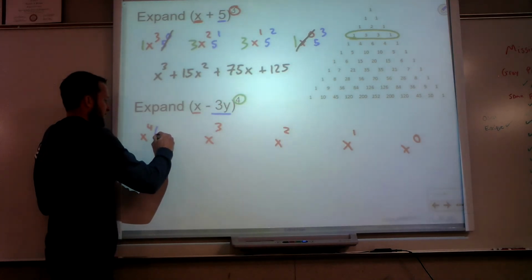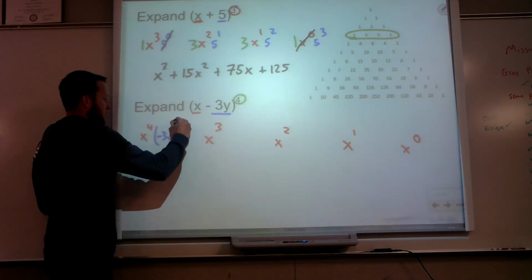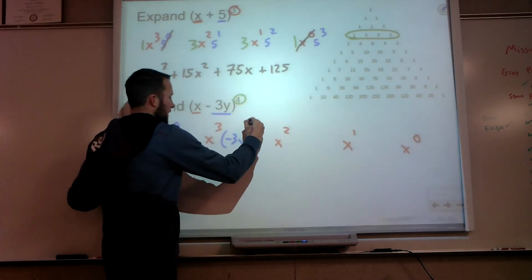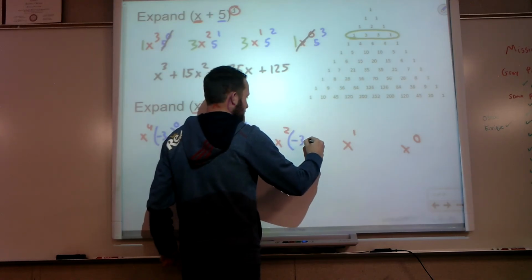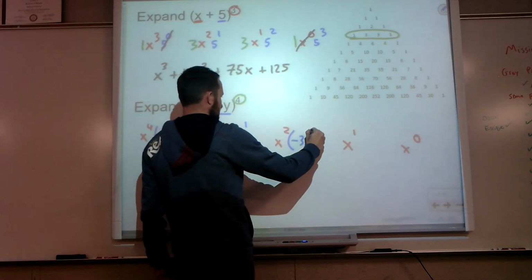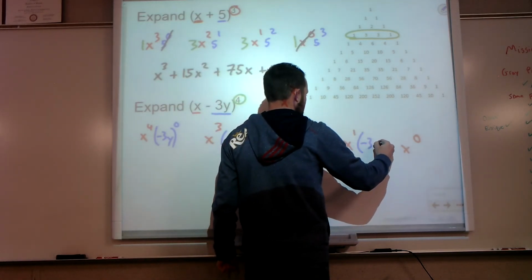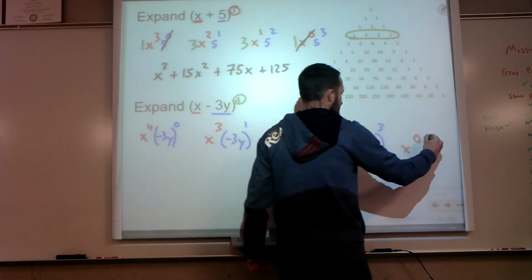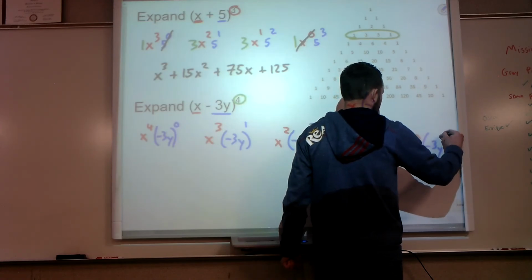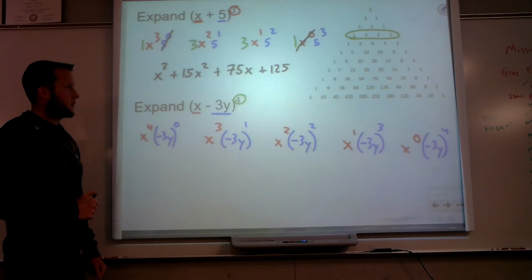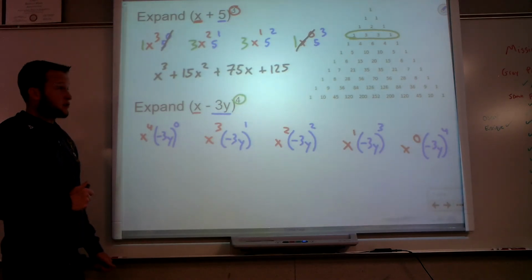So I'm going to put negative 3y to the 0, negative 3y to the 1, negative 3y to the 2, negative 3y to the 3, and negative 3y to the 4. Those parentheses are really going to help us out when we are simplifying.